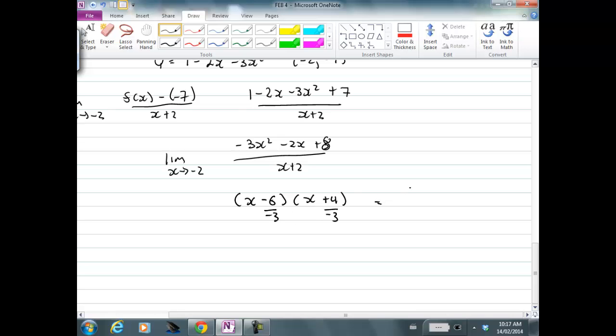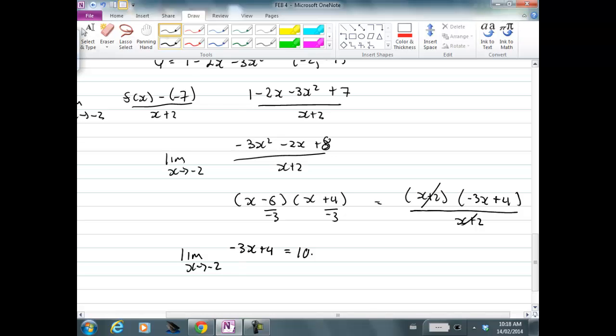That gives me x plus 2 and -3x plus 4, all over x plus 2. X plus 2 cancels out. So what you're really left with is limit x approaches -2 of -3x plus 4. Okay? Which I hear is 10. Which is correct. That's only the first part.